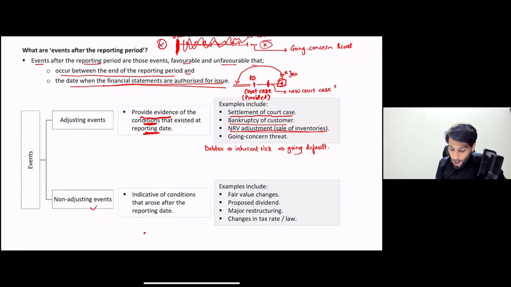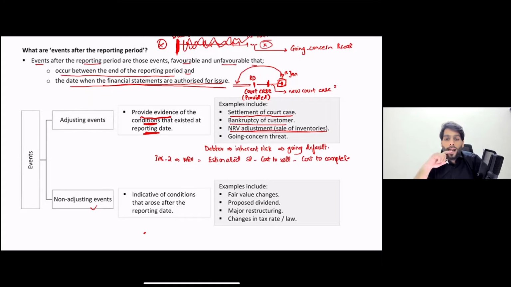And according to IAS 2, what is NRV? NRV is estimated selling price minus cost to sell minus cost to complete, right?